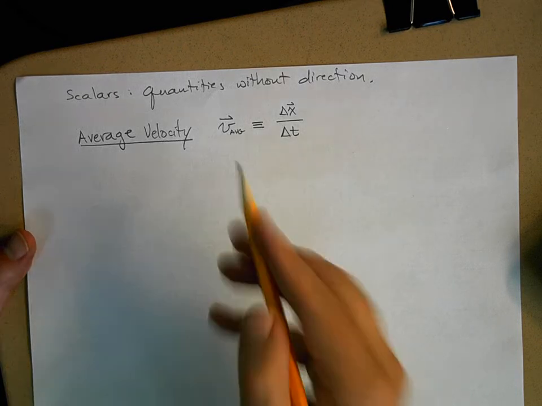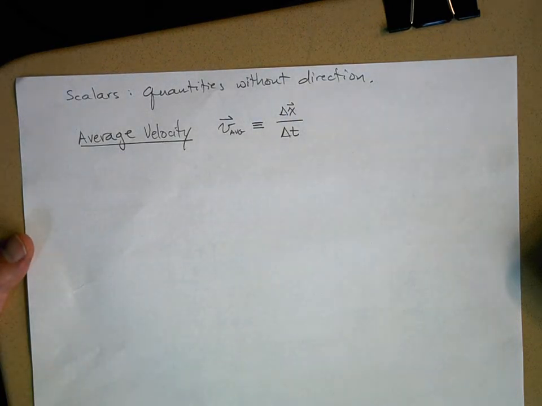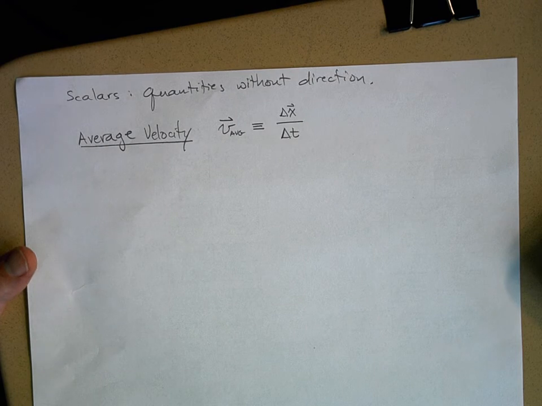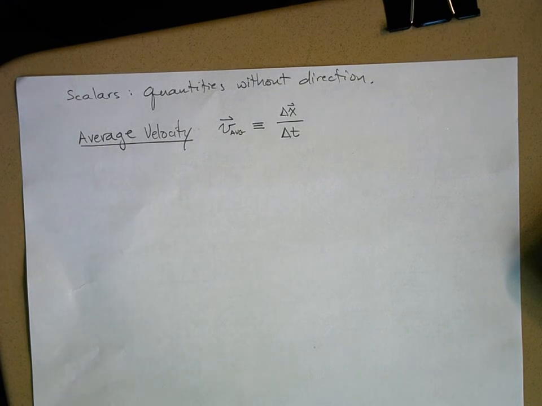And this is defined to be average velocity. It's kind of a measure of the rate at which you're changing your position over a given time interval. So it's different than speed. And we're running out of time right now. We'll talk about the difference between speed and average velocity, speed and instantaneous.